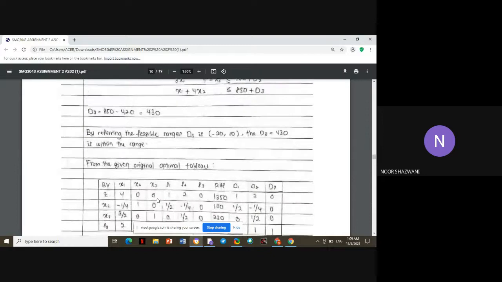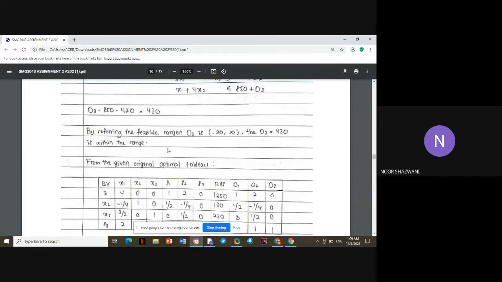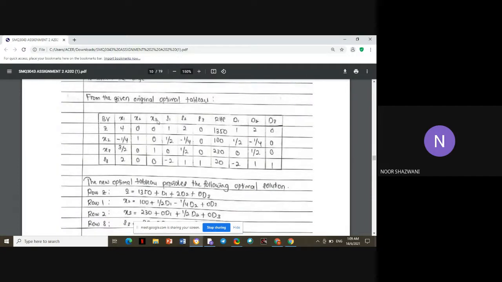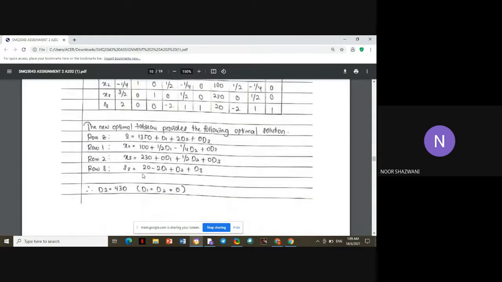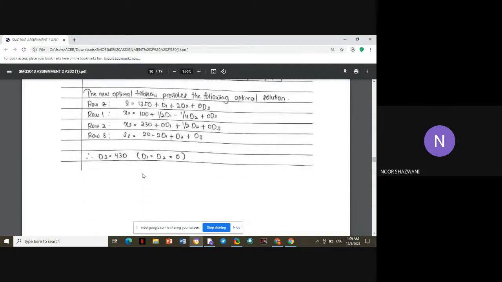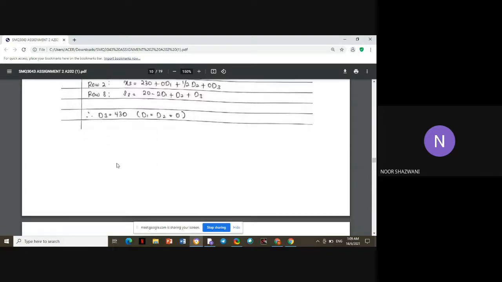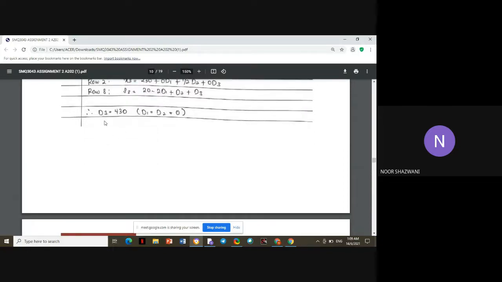So by referring to the feasible range, D3 is negative 20 until positive infinity, so D3 equals 430 is within the range. This one is the original optimal tableau. To find the new optimal solution, I just consider the D3 that I changed.